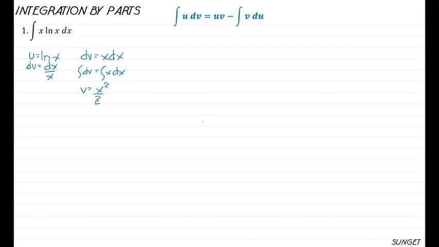Then, using the integration by parts formula, we have integral of x ln x dx equal to u, ln x, times v, so x squared over 2, minus integral of v, x squared over 2, times du, so dx over x. Simplify.